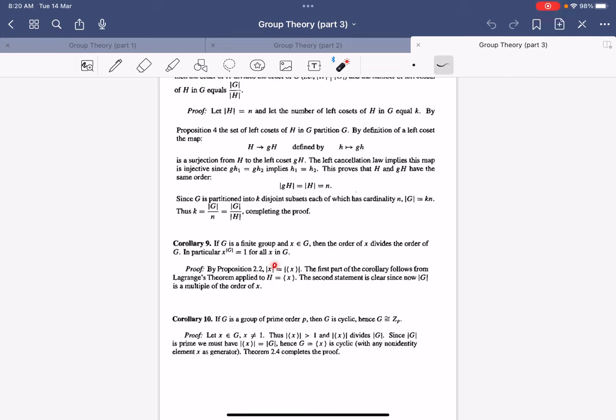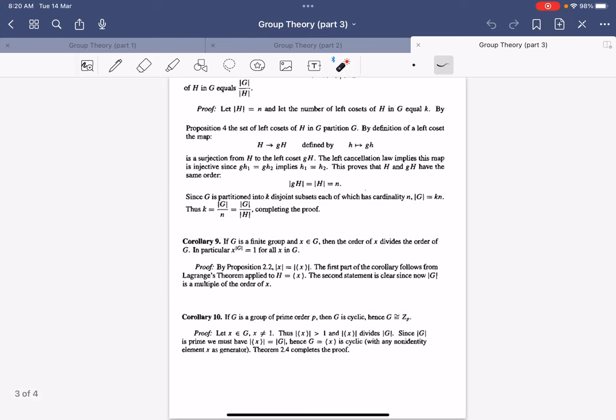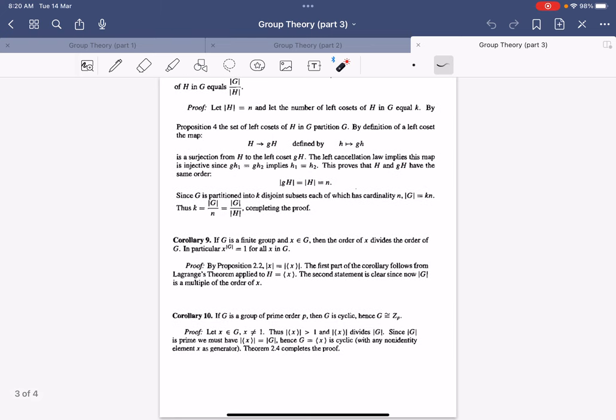Because you can just take the order of x and form the cyclic subgroup, then by Lagrange's theorem, it divides the order of G. And because it divides the order of G, the order of G must be a multiple of the order of x. And so x to the power of n must equal 1.